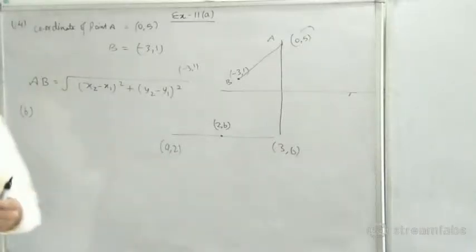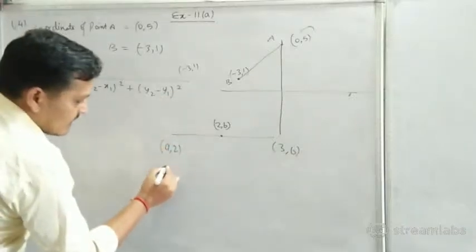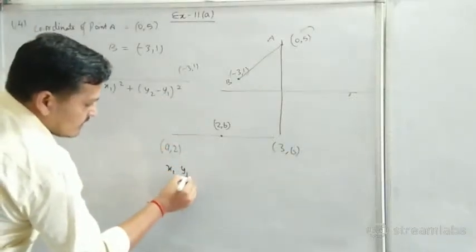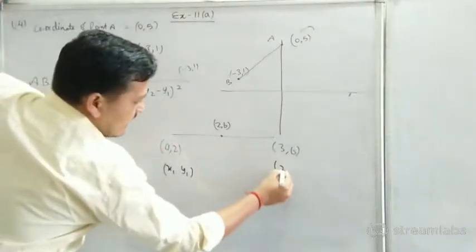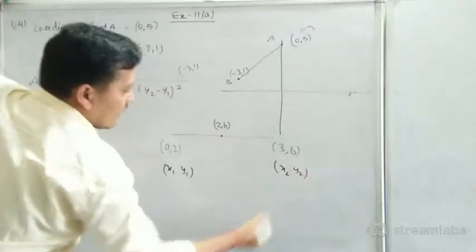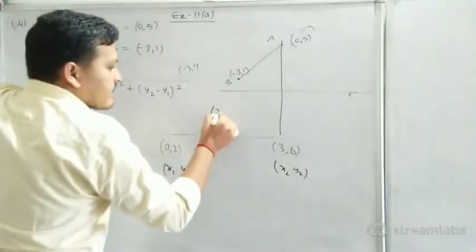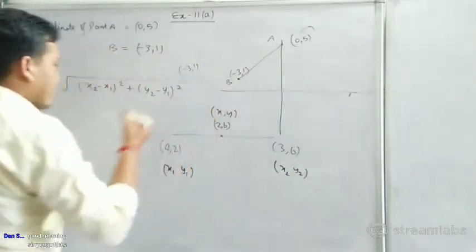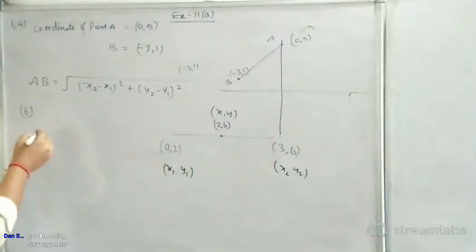Now how can we solve it? Let this point be x1, y1, let this be x2, y2, and the midpoint be x comma y. So what is the formula of the midpoint?